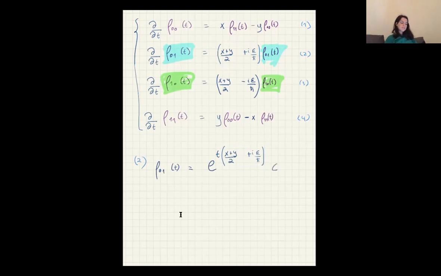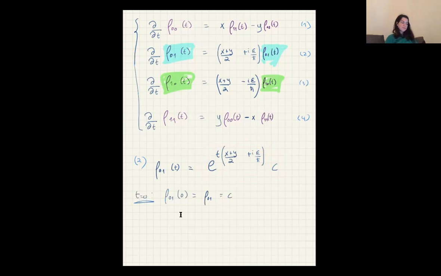And how do we determine this coefficient c? Well, we know that rho 0 1 of time equals 0 is the original density matrix. So we just call this rho 0 1. So then time equals 0 means that this whole exponential would be 0. So then this is just c.